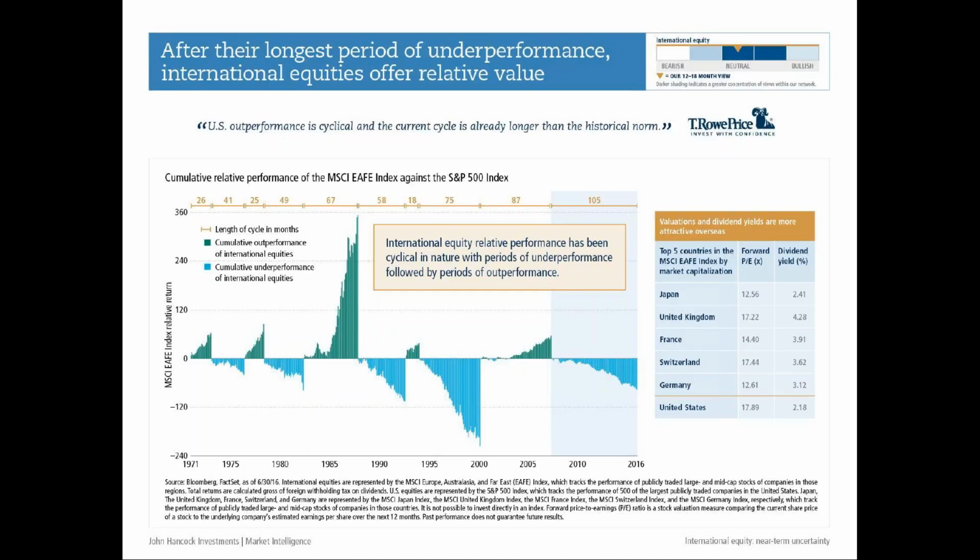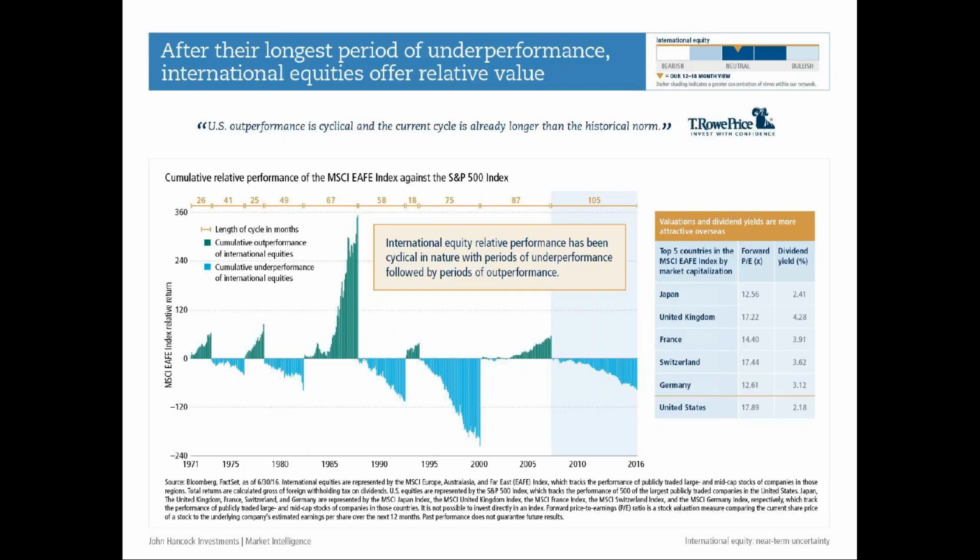What this shows is the MSCI EAFE, an index of international developed stocks, relative to the S&P 500, U.S. stocks. The green bars are showing periods of outperformance of international stocks at the top. So every time you see green bars, think international developed outperforming. When you see the blue bars, that means U.S. equities are outperforming, or said another way, international stocks are underperforming.